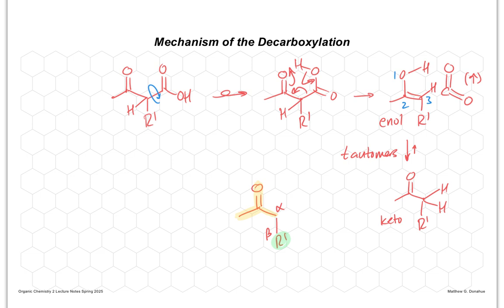So really you're looking for 3 carbon atoms that contain the carbonyl as a ketone. And then you should be able to think about using this process to make any sort of product. Questions?